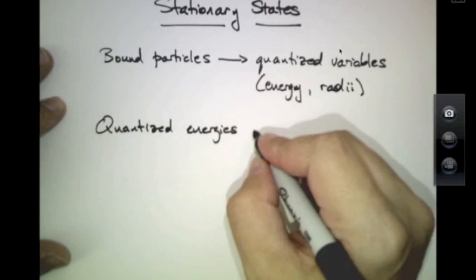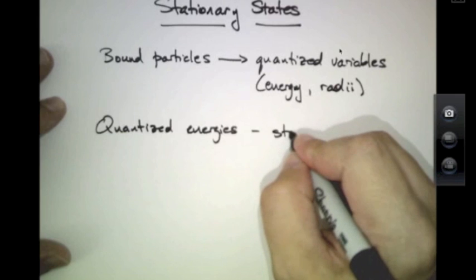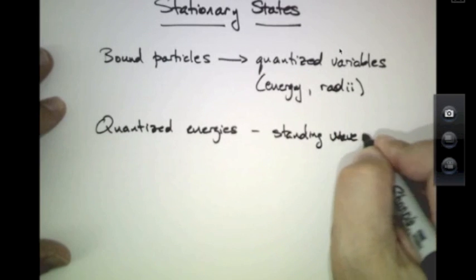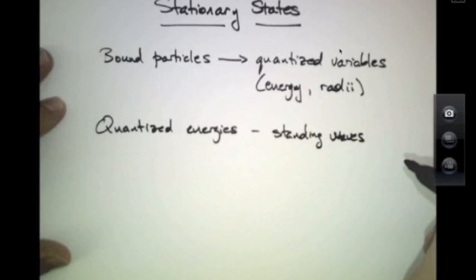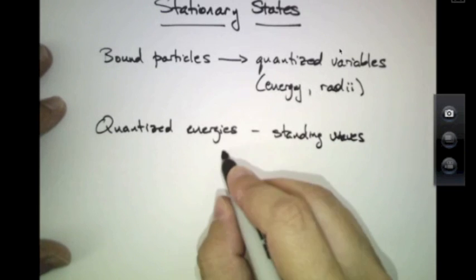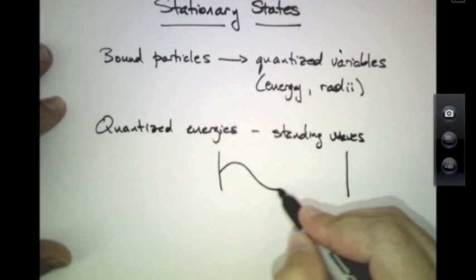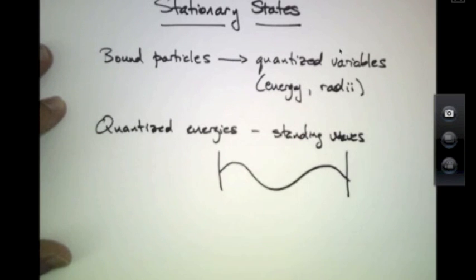This comes from the idea of standing waves in classical physics, and the idea of wave-particle duality. So if we have, for example, a classical string, there are certain wavelengths that fit on the string.